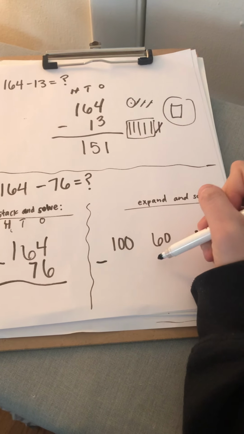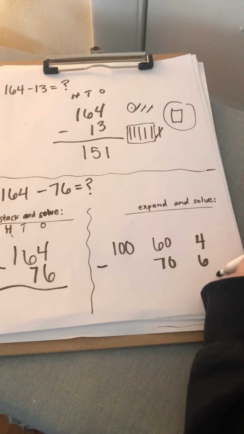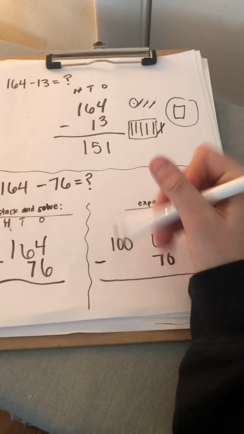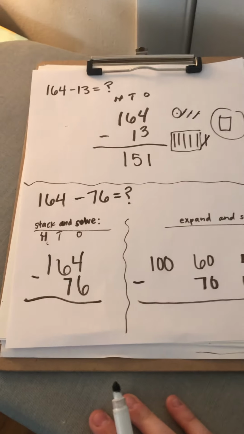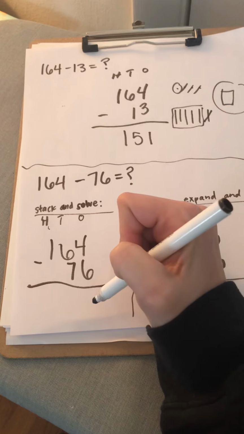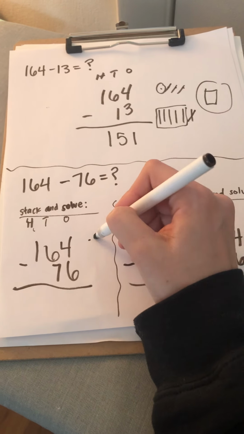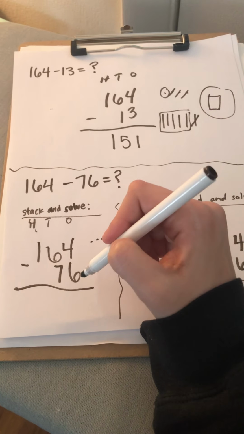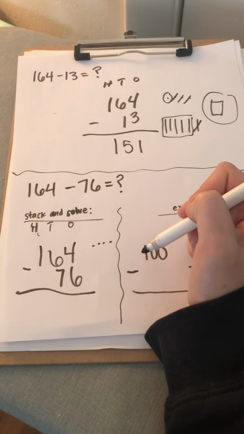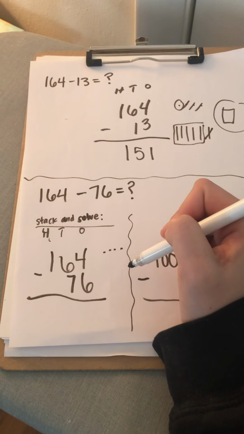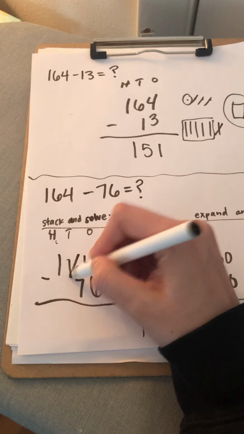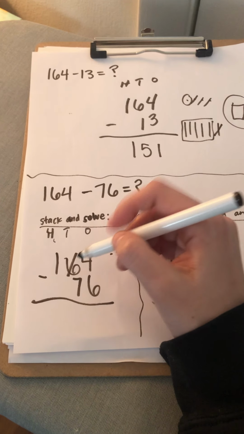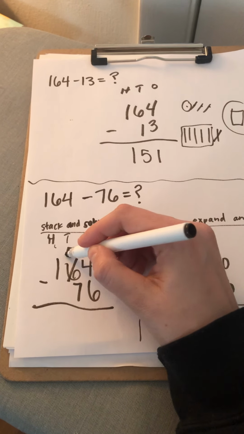164 minus 76. Again, lining up those place values, keeping the ones, tens, and hundreds together. All right, 4 take away 6. When we have 4 ones, we cannot take 6 away without regrouping. We need to borrow from the tens. If we take a 10, there were 6, how many will be left? 5.